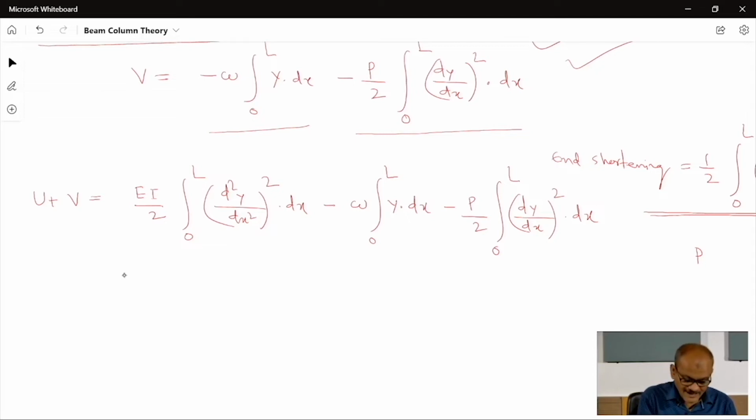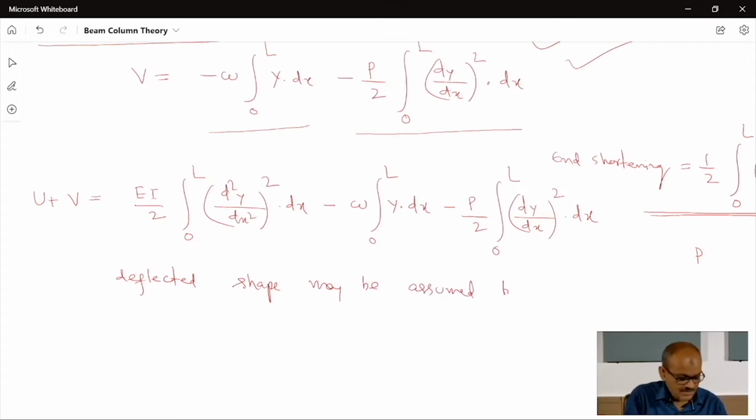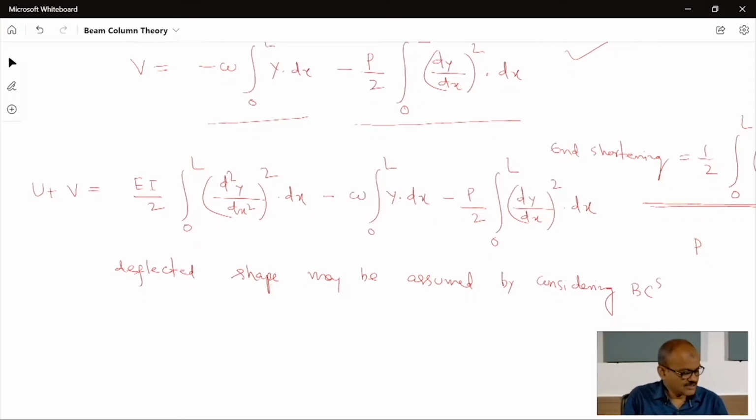So, the deflected shape may be assumed by considering the boundary conditions. What are the boundary conditions?